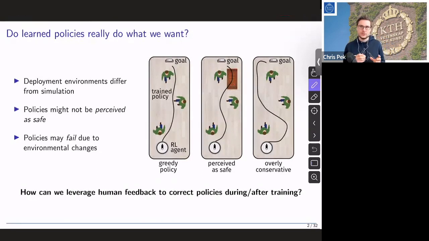And for that, I want to talk today about how can we leverage human feedback, either during training or after training, to correct the policies for given properties, for instance, the perceived safety, or that it can achieve its task without having to fail, for instance, when there's suddenly a change in the environment.